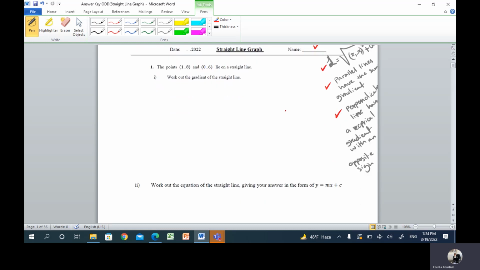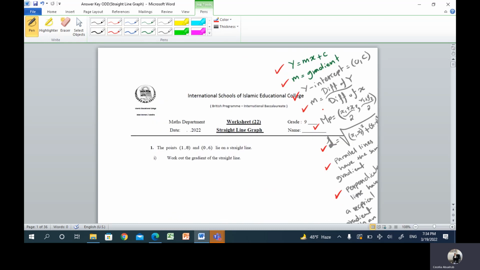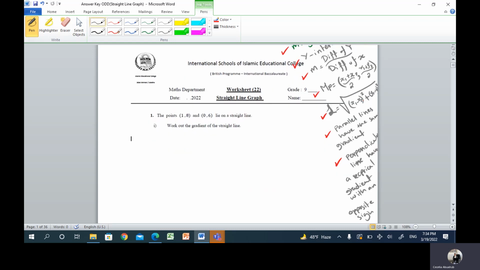So here, the points (1, 8) and (0, 6) lie on the straight line. Work out the gradient. So I'm going to use this fact: m is equal to the difference of y over the difference of x. They're asking for the gradient, so fraction line, difference of y over difference of x.